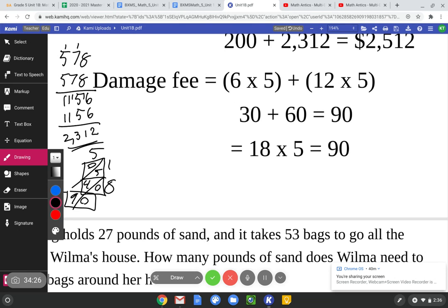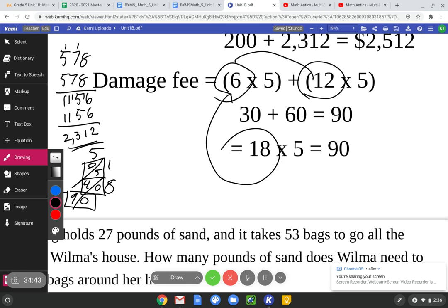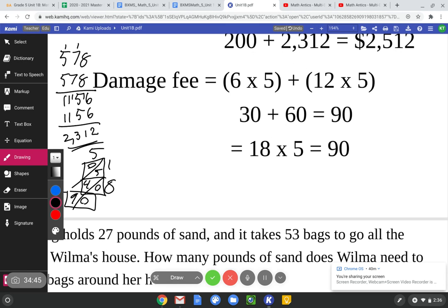That is why the total is the same if you do 6 times 5 plus 12 times 5, or if you do 18 times 5. 6 plus 12 equals 18.